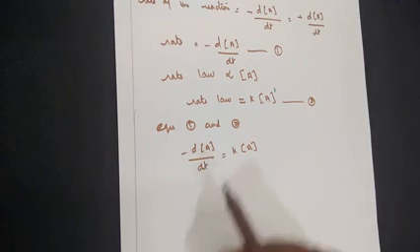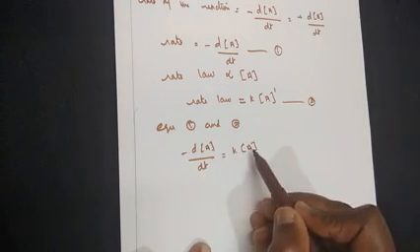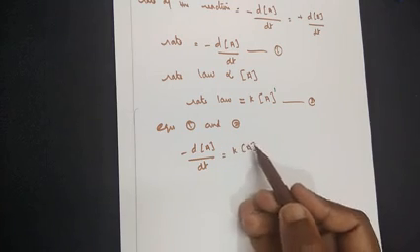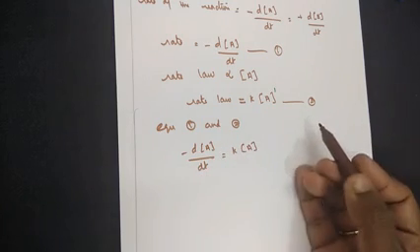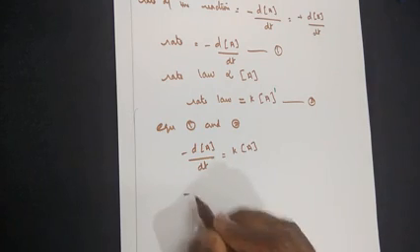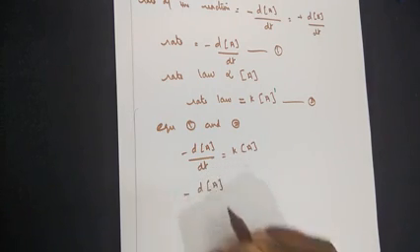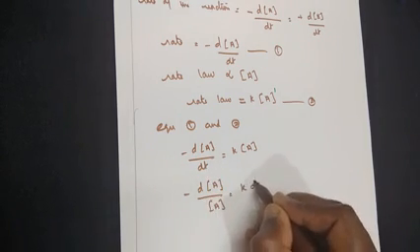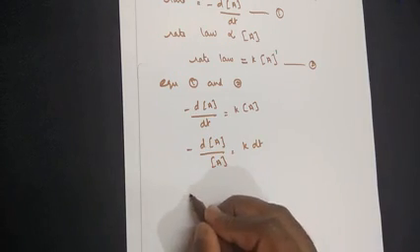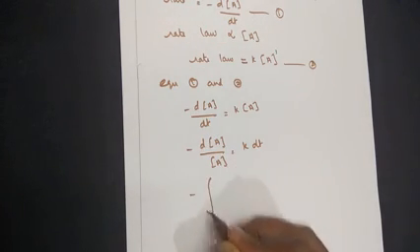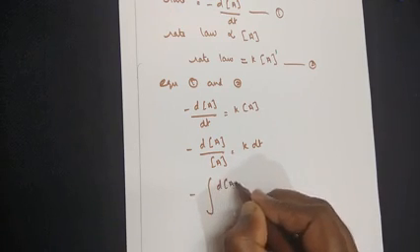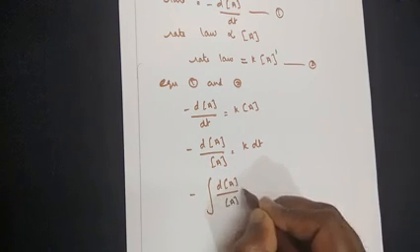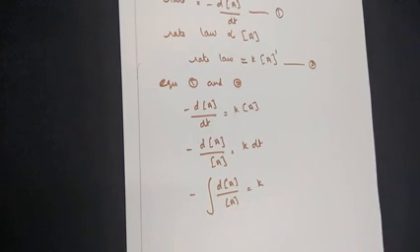Now in this case, if you look at it, A term we've got here, A term we've got here. So let's bring the like terms on one side, unlike terms on the other side for an easy calculation. Minus d of A by A is equal to K into dt, which goes on the other side. Now we need to integrate the term. So keep the minus sign outside, integrate it, that is d of A by A is equal to K, a constant, leave it outside, integration of dt.